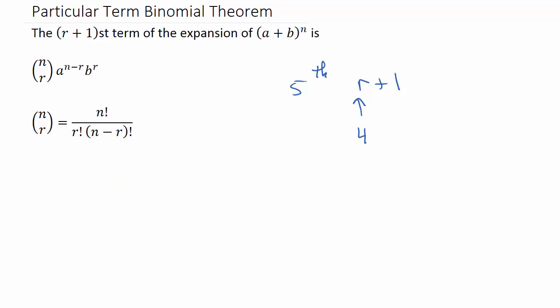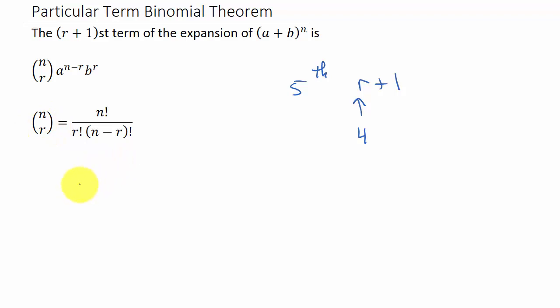All right, now this combination n choose r. Here's the formula: combination n choose r is equal to n factorial over r factorial times n minus r factorial. Let me just explain what factorial is, and I'll do the calculation of the combination when I'm working the problem.